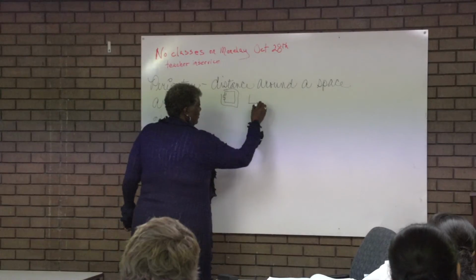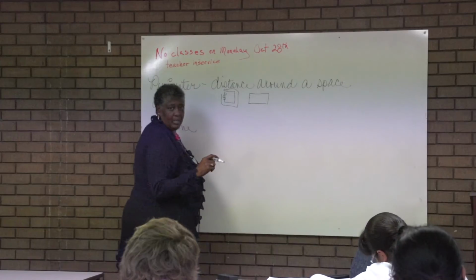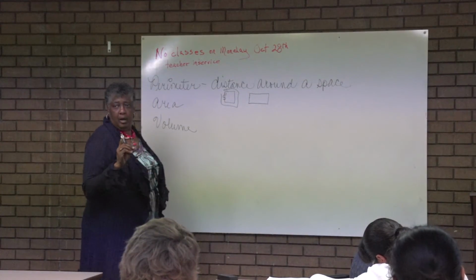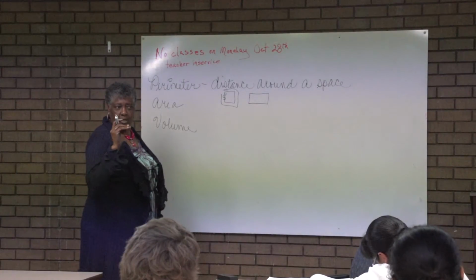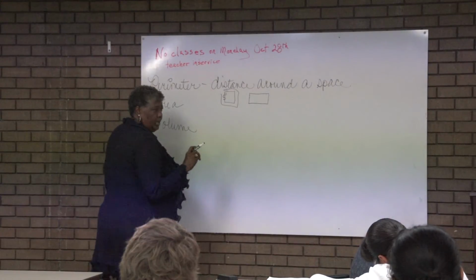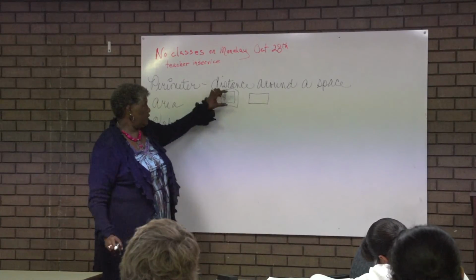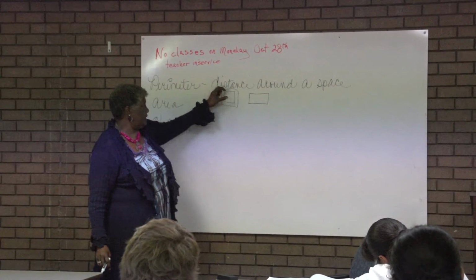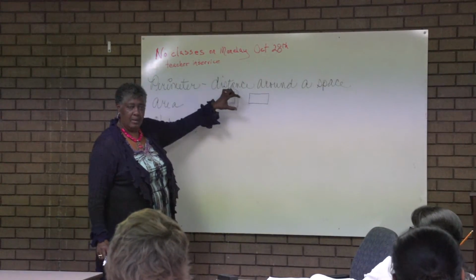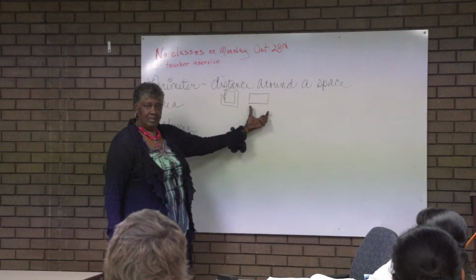A rectangle is also a four-sided figure where opposite sides are equal and parallel, same as a square. All squares are rectangles, but not all rectangles are squares, because in a square, they have to all be the same. These sides run the same, these sides run the same.